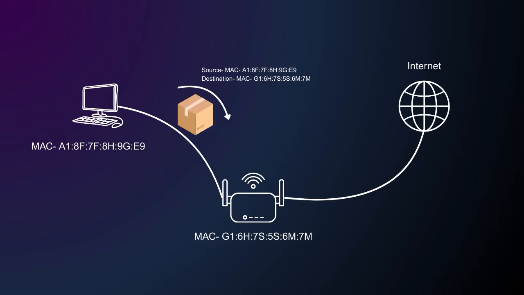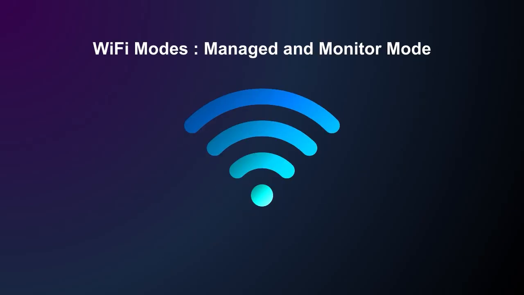But since we are learning how we can sniff or how we can see or capture the packets over the Wi-Fi or over the network, let's see how we can do it. And to perform that, we have to change our Wi-Fi modes. So let's see what these Wi-Fi modes are and how we can change them practically as well. So let's move ahead to our next slide.